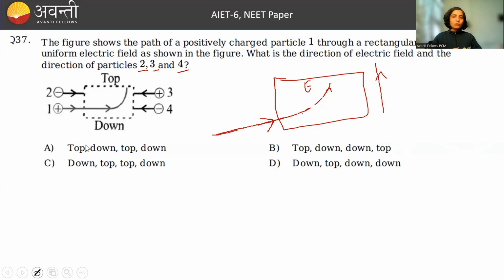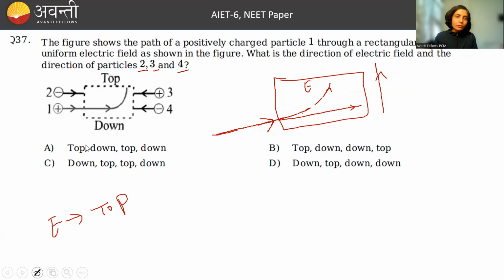Because on a positive charge, electric force acts in the direction of electric field. So if there is no electric field, it will go on like this. If it is going somewhat up, the upward velocity it will get is because of electric force only. So force is acting in the upward direction. And since this is a positive charge, electric field is also in the upward direction. So what is the direction of electric field? Top. Okay?